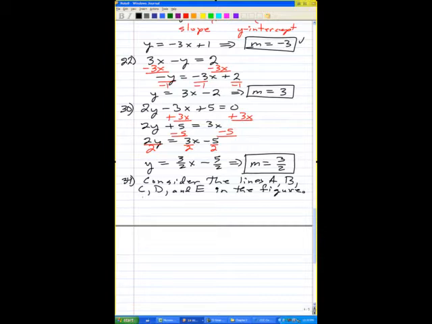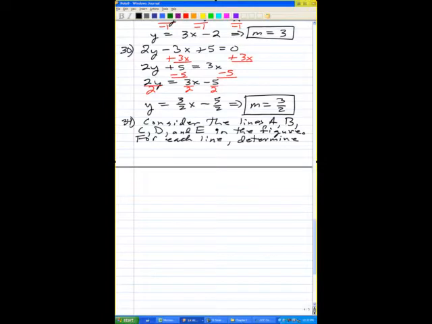For each line, determine which of the following is true.